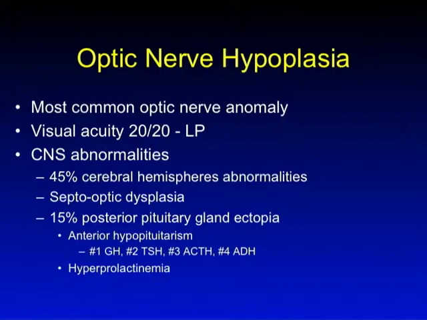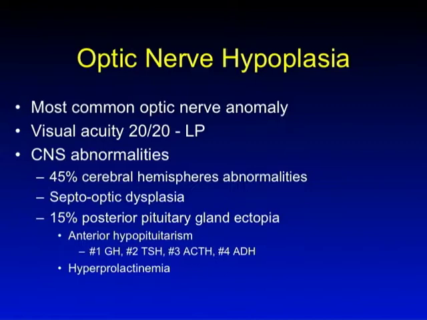So optic nerve hypoplasia, remember this, septo-optic dysplasia, also called de Morsier syndrome. This is basically a midline defect associated with hypopituitarism and optic nerve hypoplasia. And this is probably the order of hormone abnormalities.